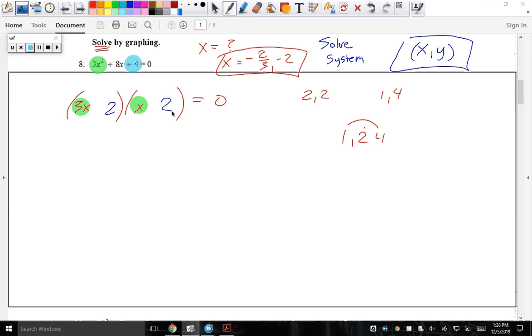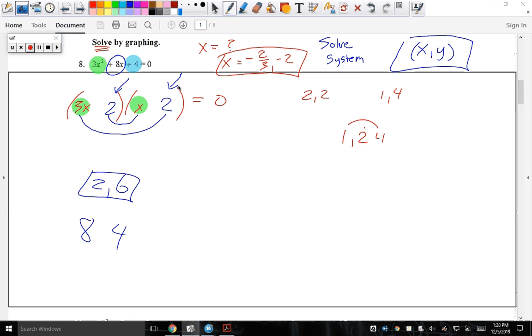If I put 2 and 2 here, watch carefully. 2 times 1, 3 times 2. This 2 and 6 will either give me an 8 if I add them, or what? 4 if I'm subtracting them. I wanted an 8. So these two numbers, where I placed this 2 and 2, worked.